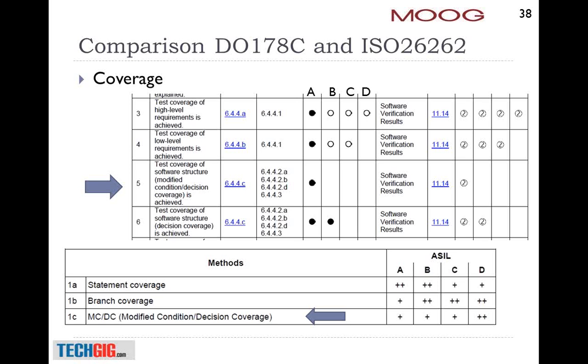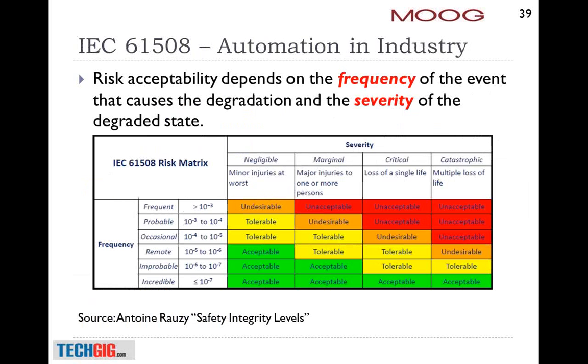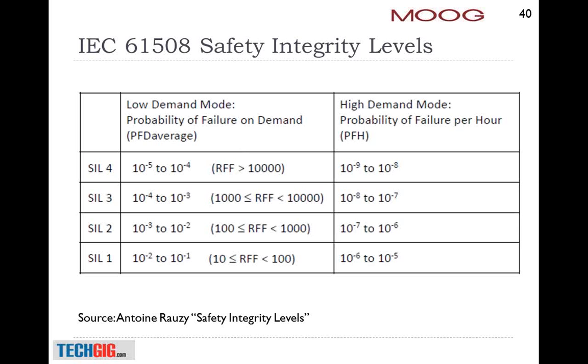When you do a comparison between, you will see that there are a lot of commonalities. One thing is the modified condition and decision coverage. This is basically talking about a code coverage where both the standards talk about the same thing. And it is mandatory for level A, and it is also mandatory for the 26262.